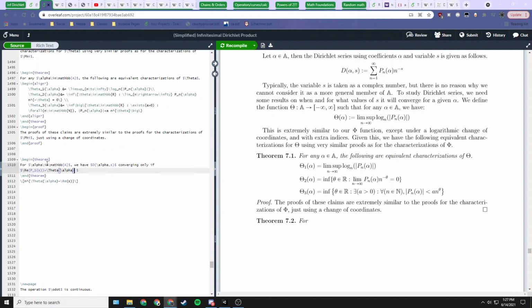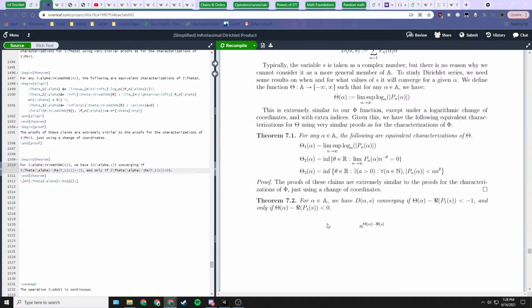So it'll converge only if this difference, so actually we could say alpha minus the real part of s is less than 0, and so only if this, but it'll converge if this difference is less than -1. So this is our result here that we want to do.